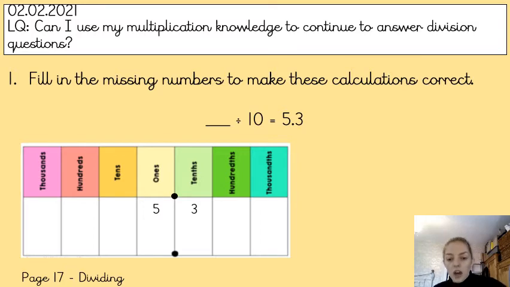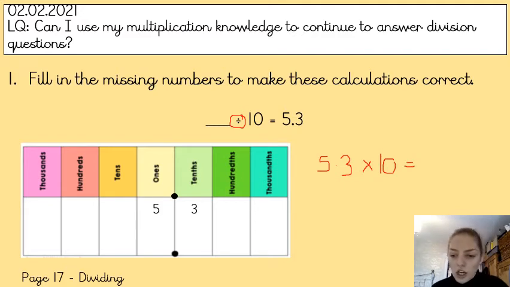Okay, so if it's divided by 10, what do you think the inverse of divide is going to be? Have a quick think. Fantastic. So you would have said that the inverse of divide would be times. So you're actually going to do 5.3 multiplied by 10.